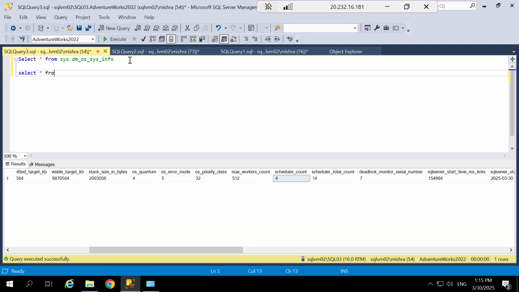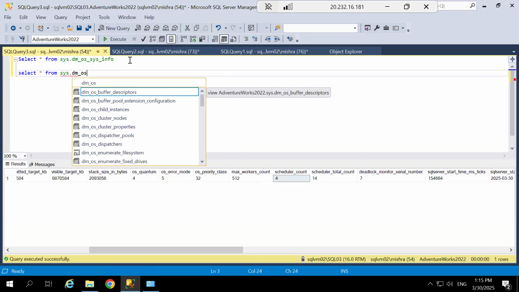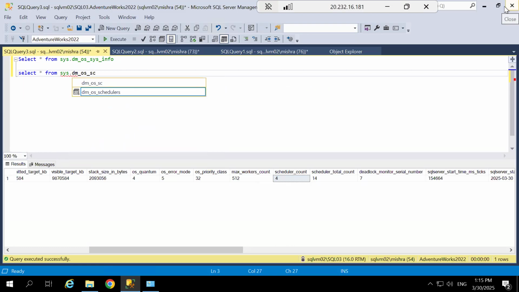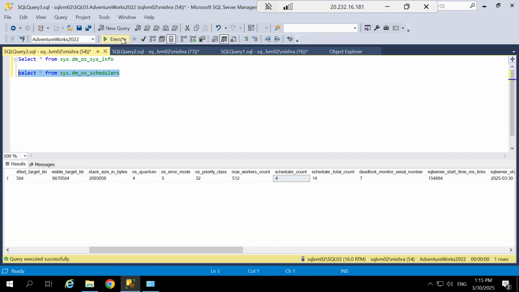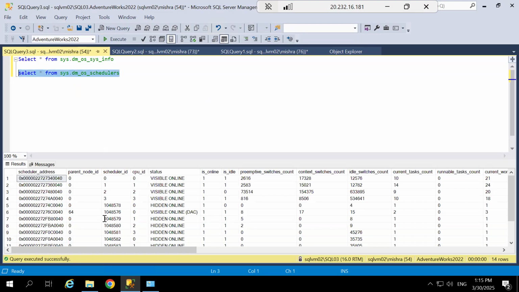Select star from sys.dm_os_schedulers. Is it coming? Schedulers, right? So you will see there are many schedulers here, right? You see on the top, you have four processors here, CPU ID 0, 1, 2, and 3 for four processors, right?